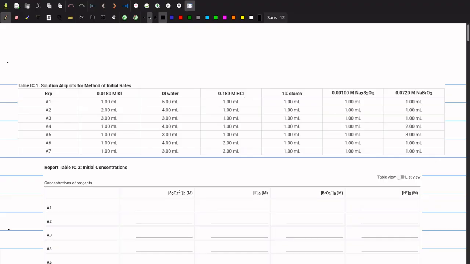And that's why these are going to be the ones that wind up canceling in our rate equation, and we're actually going to be able to get at the A value here.